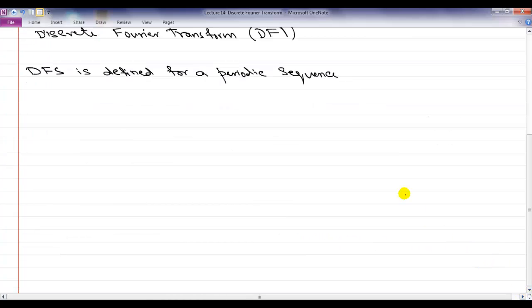Since in the following we'll be juggling between non-periodic and periodic sequences, we'll be using a tilde to represent a periodic sequence.